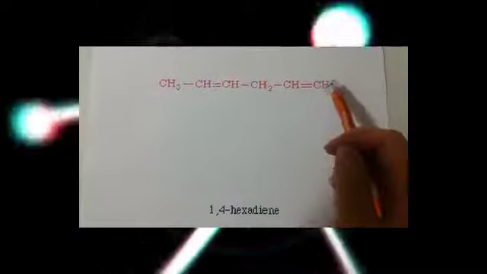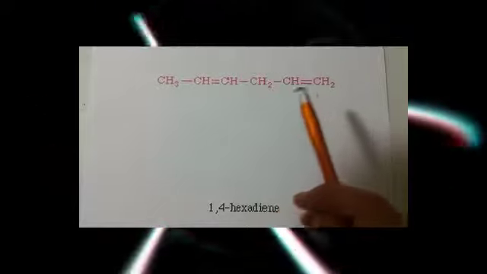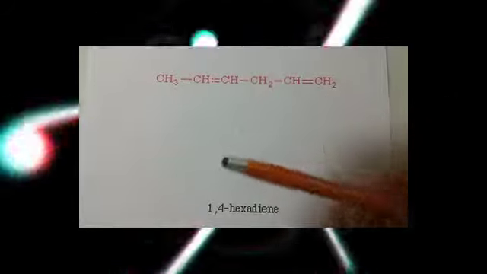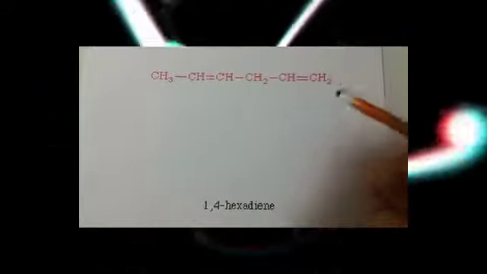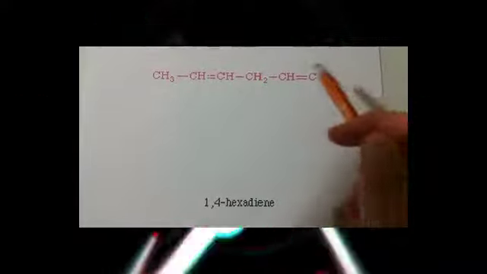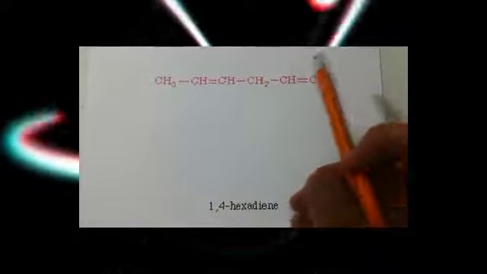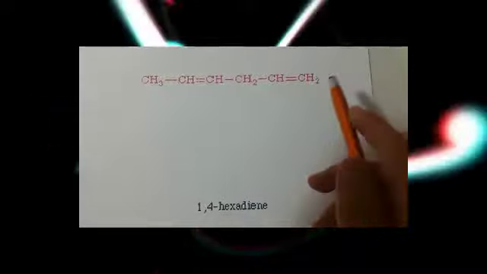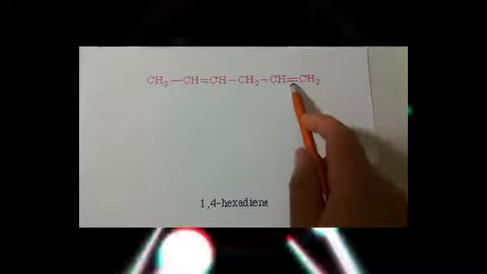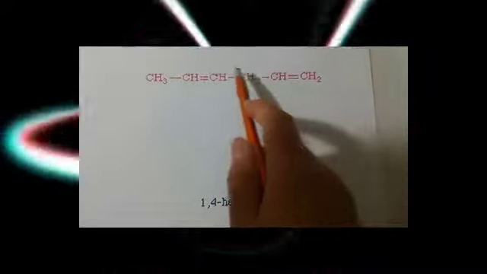In naming alkenes, we have to name first the position of the double bond. So in position 1 we have a double bond, and in position 4 we have a double bond.